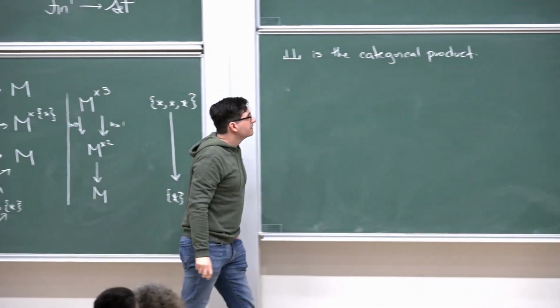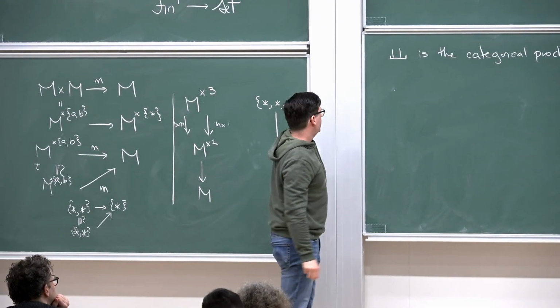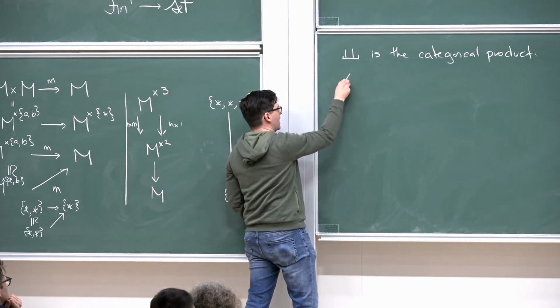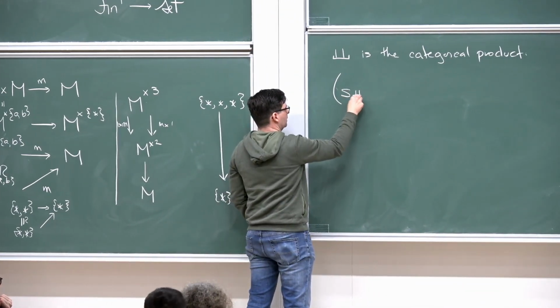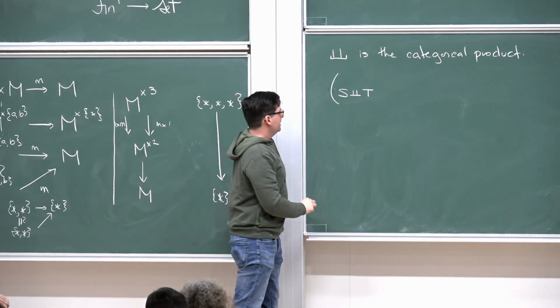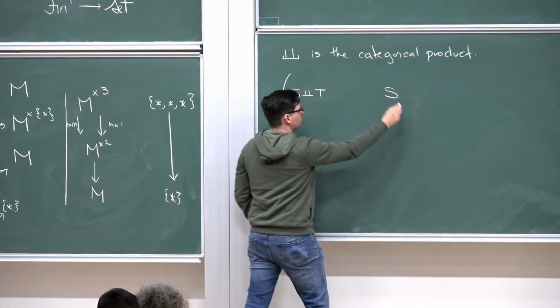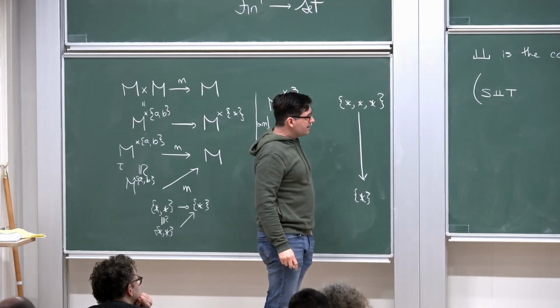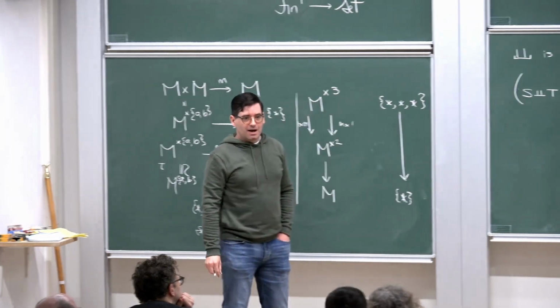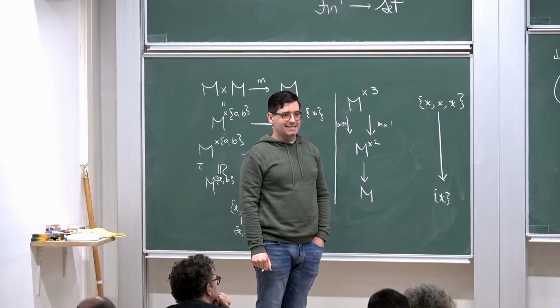And if you haven't seen this, then I'll suggest that this is an exercise. I'll describe to you the projection maps. So here I have S disjoint union T, and I need a map to either S or to T, so I need a correspondence. Well, there's a really easy to write down map from S to S disjoint union T.